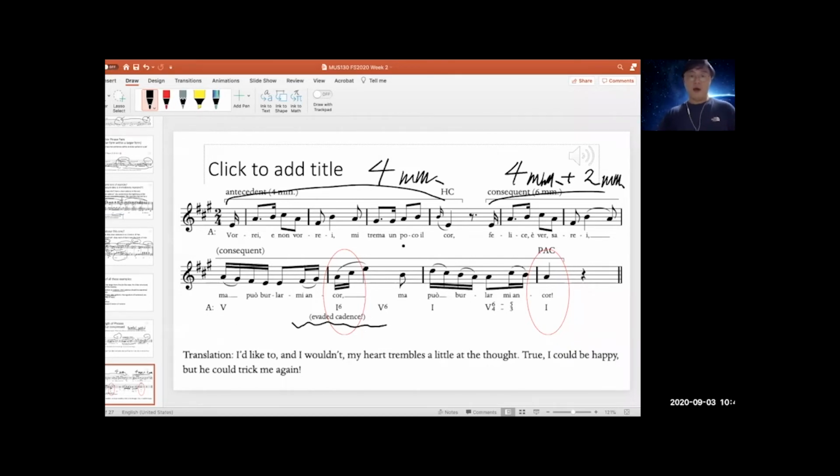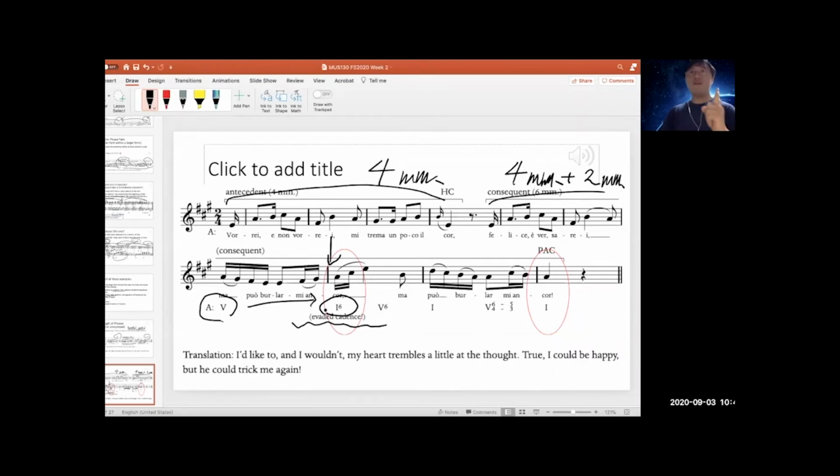If this consequent was supposed to follow the standard 4-bar frame, here it could conclude itself with a nice little PAC, a perfect authentic cadence. So the harmonic progression shows the attempt to make a PAC, the progression from 5 to 1, but Mozart uses 1/6 instead of a root position 1 chord.